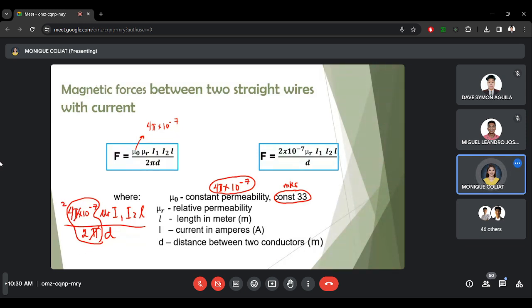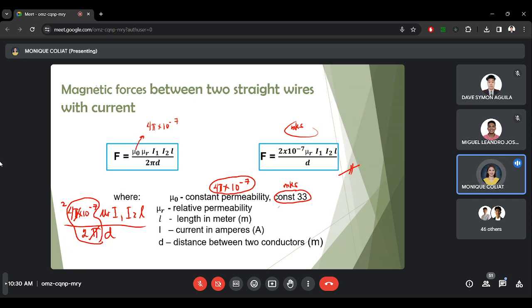So this one will be 2 times 10 raised to negative 7 mu R I1 I2 L over D. Okay. So you can use this formula straight to the point na agad. Kumbaga, when all the parameters are in MKS units, you can use this straight na. Okay lang na wag ka nang dumaan dito. Just go here and you will get the same answer. Okay.